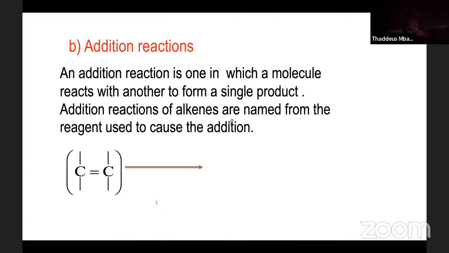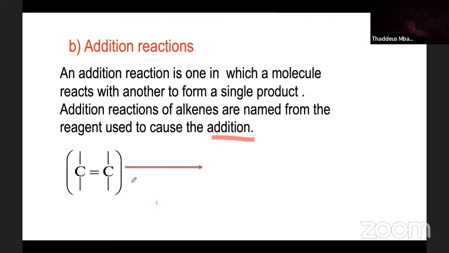Addition reactions of alkenes are named from the reagent used to cause the addition, but normally we just call it addition. Now, you remember with the alkanes, when they are reacting with chlorine, we often form 2 products. Like if you have ethane plus chlorine, you're going to get chloroethane plus hydrogen chloride.